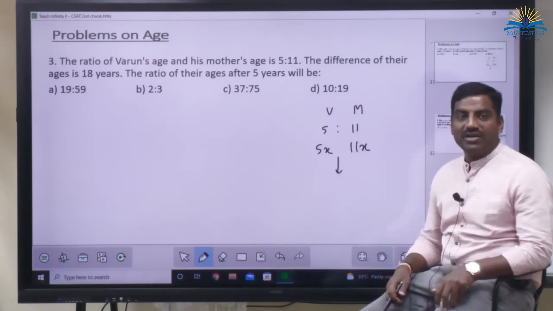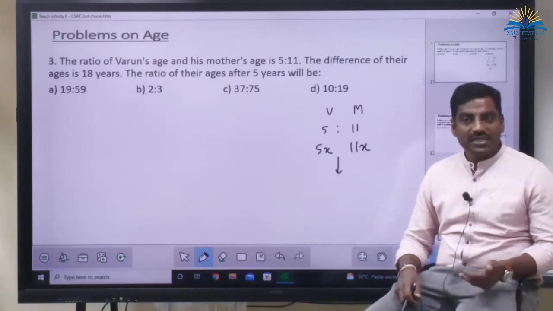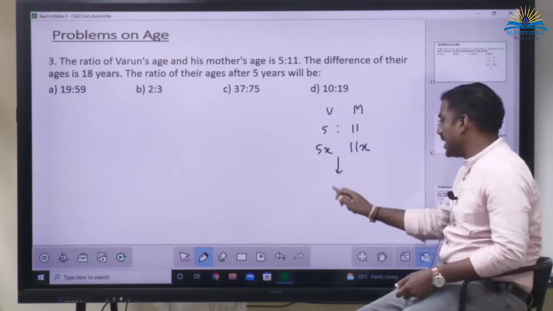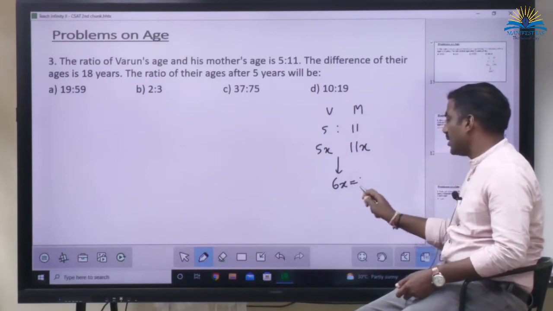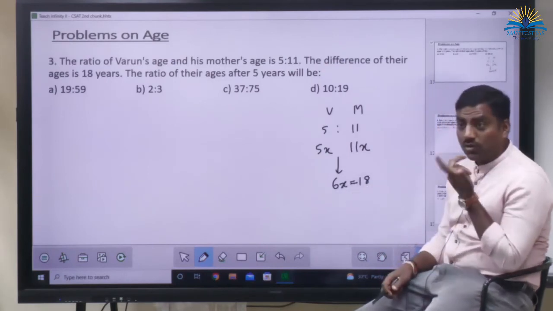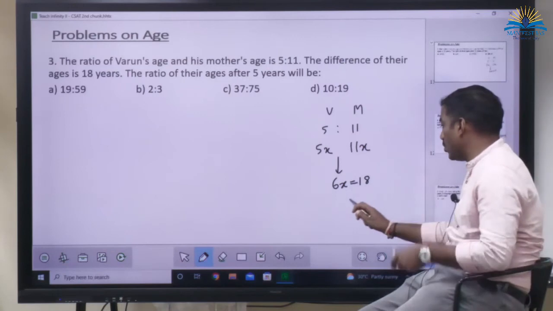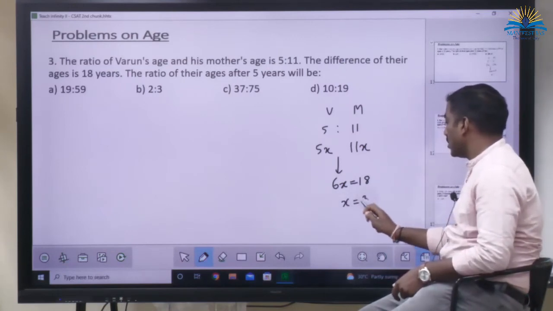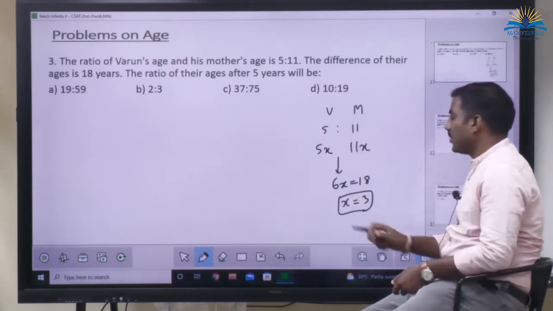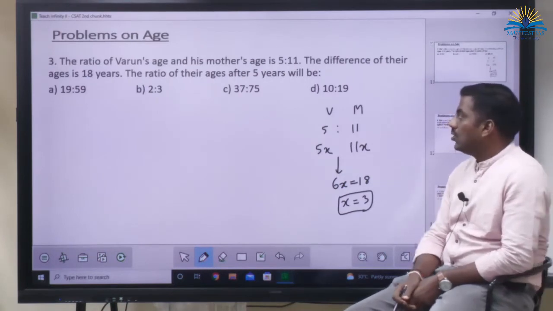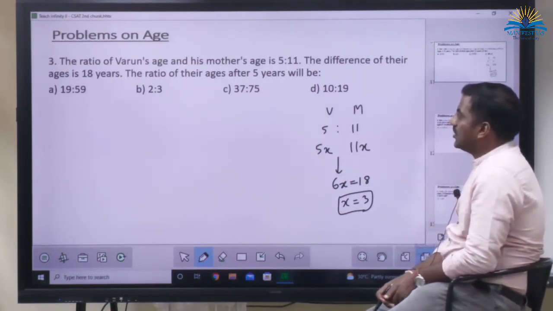What is the difference between 11x and 5x? 6x, no? So can I write 6x is equal to 18? Yes or no? So x is equal to 3.